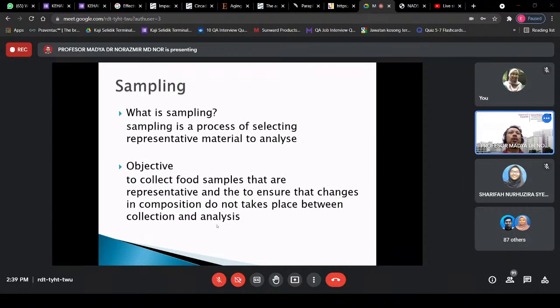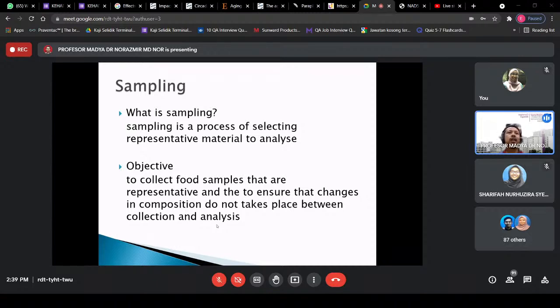Okay, what is sampling? Sampling is the process of selecting representative materials to analyze. So the objective is to collect the food sample that is representative and to ensure that changes in composition do not take place between collection and analysis.